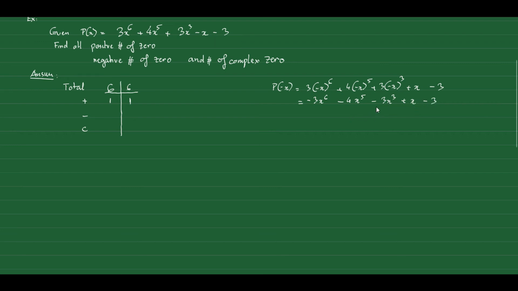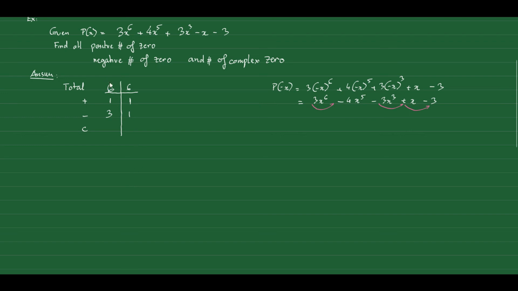How many times does it change sign? 1, 2, 3. Everybody see that? Right here, 1, 2, and from here to here, 3. So they change sign 3 times, and subtracting by 2 gives you 1.